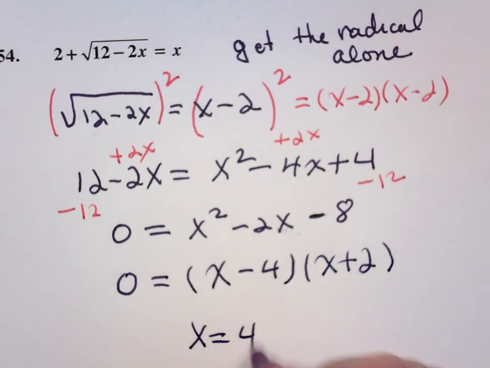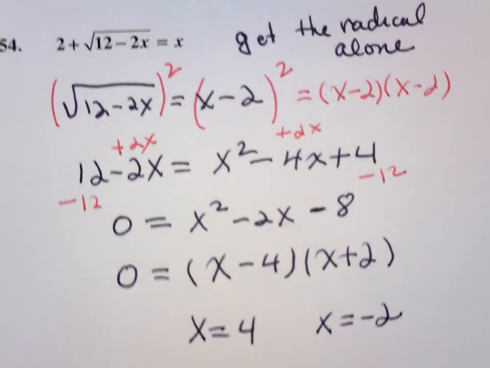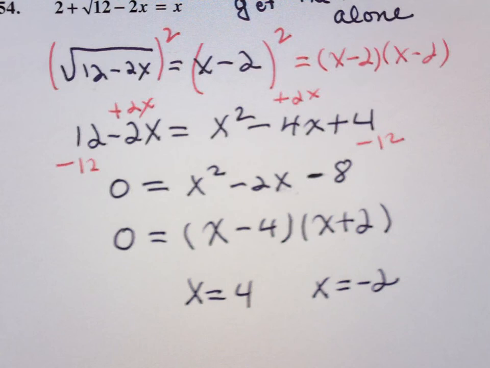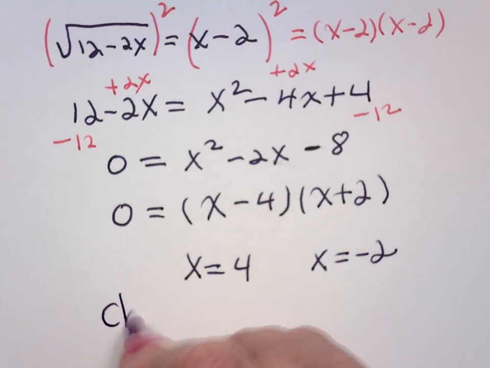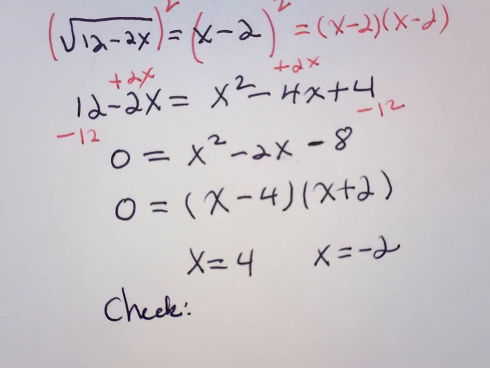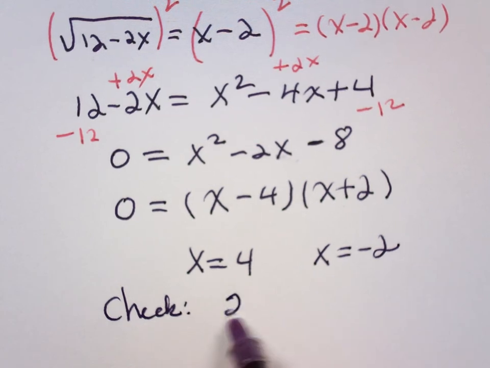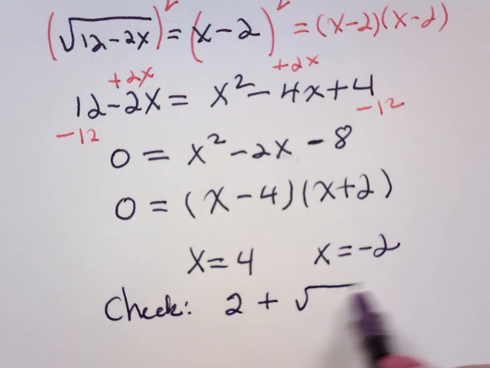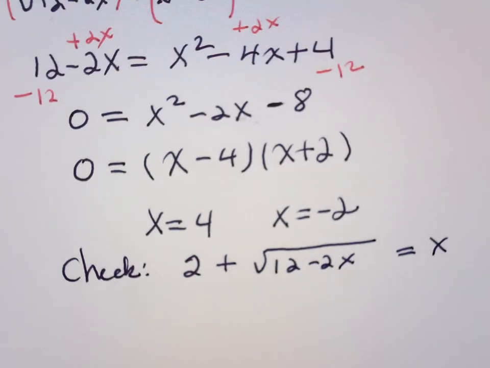so that x is 4, x is negative 2, and then what I have to do is I need to check my answers. And I go back to the original, which is 2 plus the square root of 12 minus 2x should equal x. And you say, well, why do you go back to the original?